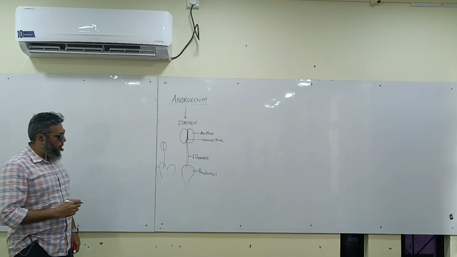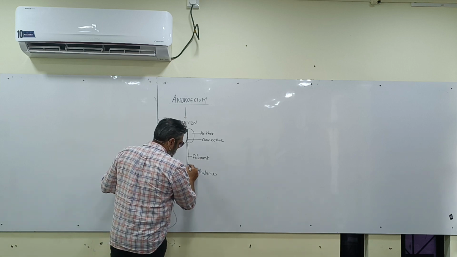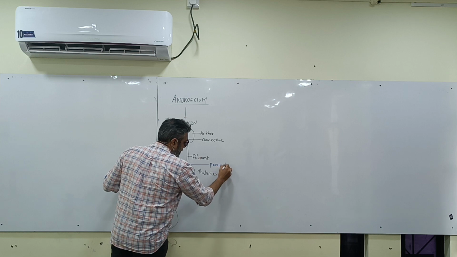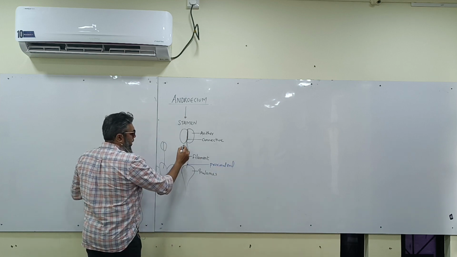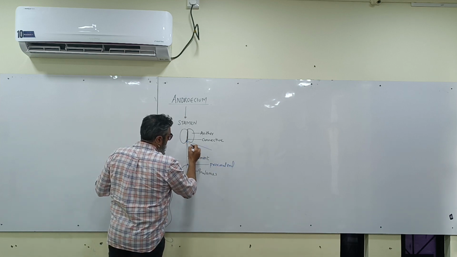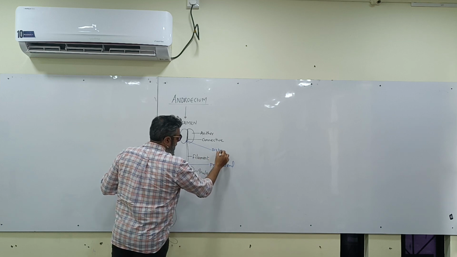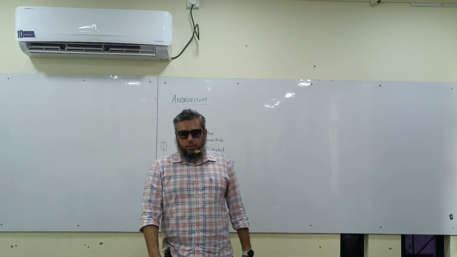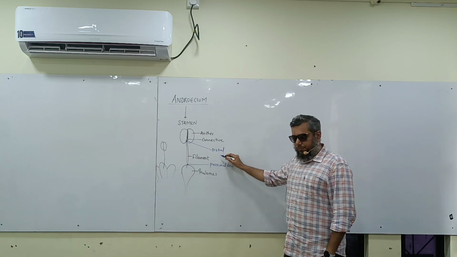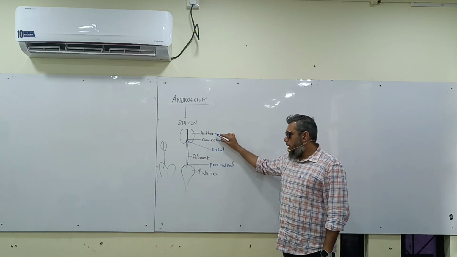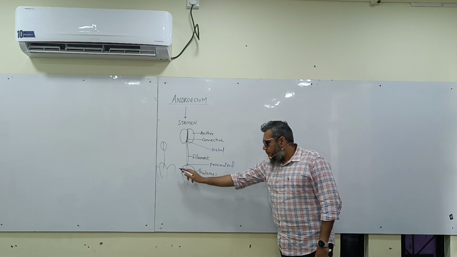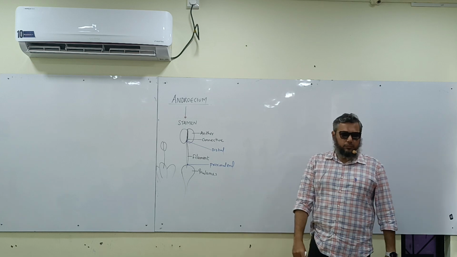The part connected to the thalamus is the proximal end, and the one connected to the anther is called the distal end. So the filament is connected distally to the anther and proximally either to the thalamus or to the petals.